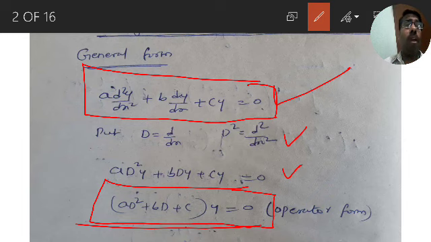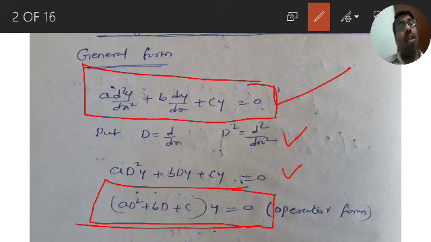And the operator form, where capital D is an operator, capital D is equal to d by dx. So a into capital D square plus b into capital D plus c of y is equal to 0 is our operator form of the homogeneous second order linear differential equation with constant coefficients.